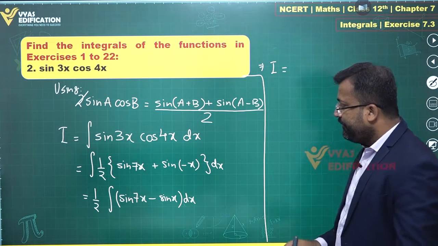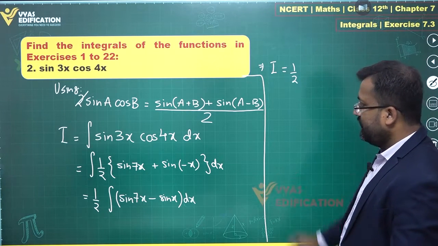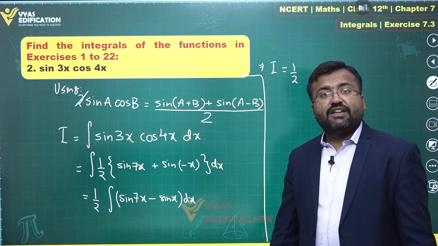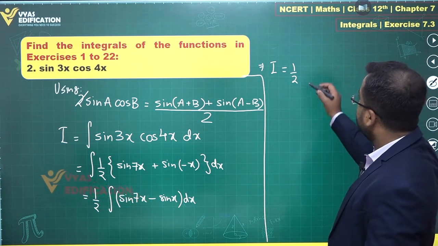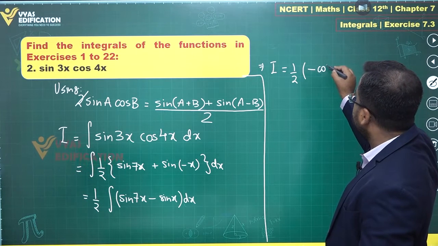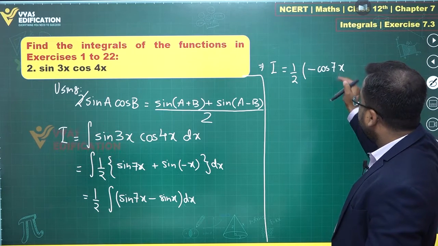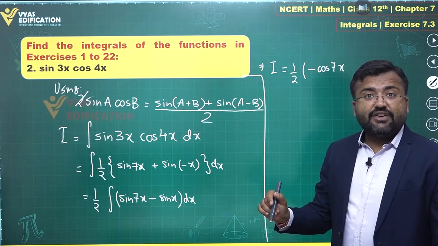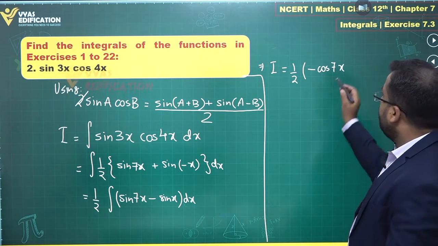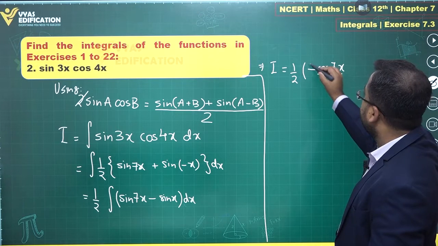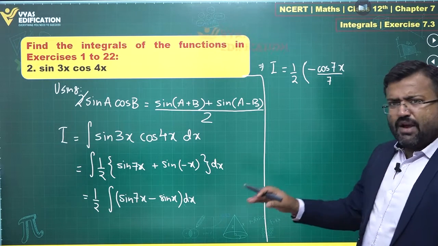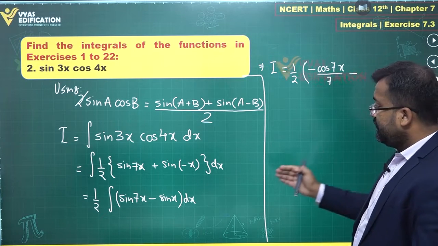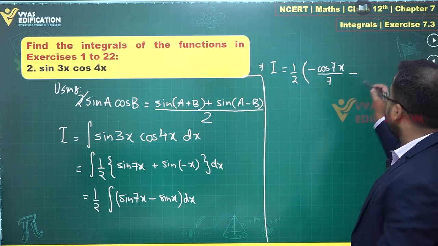Once we reach this stage, now I can integrate, which tells me that I will be further equal to half of the integral of sine 7x, what is that? That is minus cos 7x. So you have minus cos 7x. Oh, but instead of x you have a linear function of x. Yes, we have 7x. So you'll have to divide by 7 over here. Yes, that's important. And you have minus of sin x, the integral of sin x will be minus cos x.